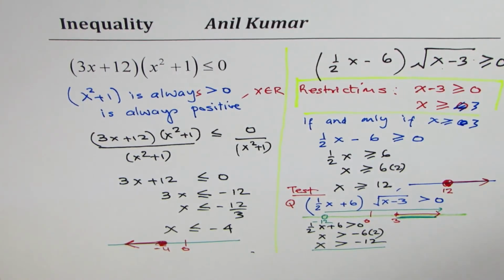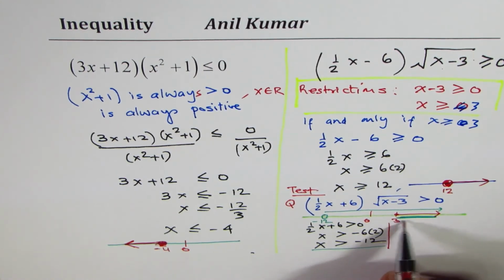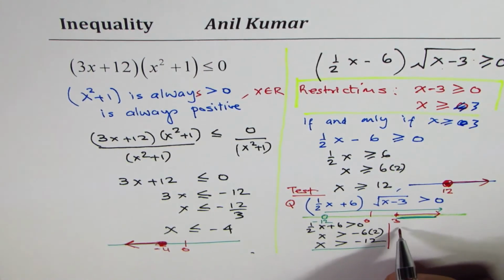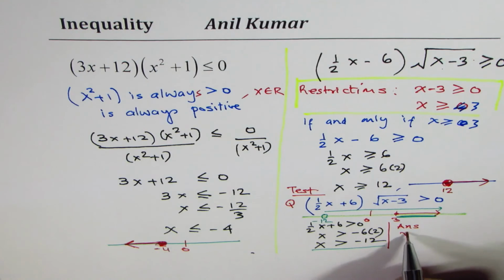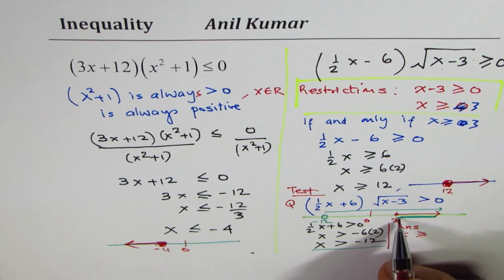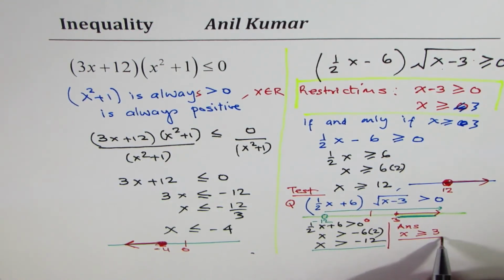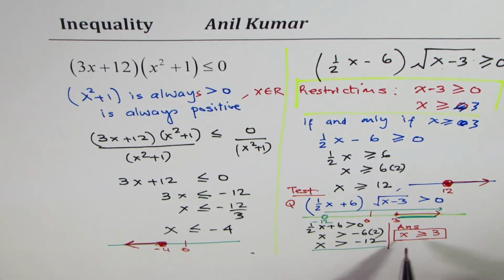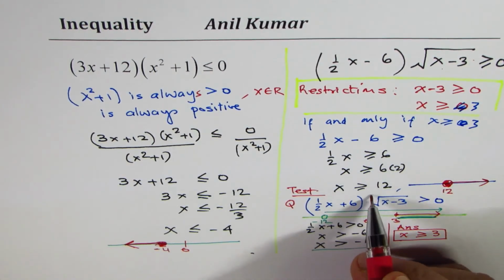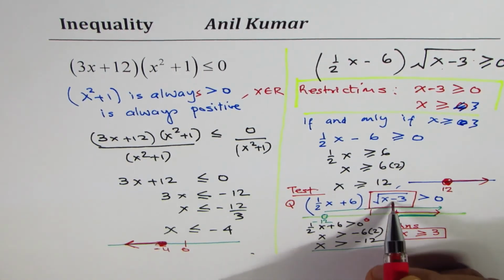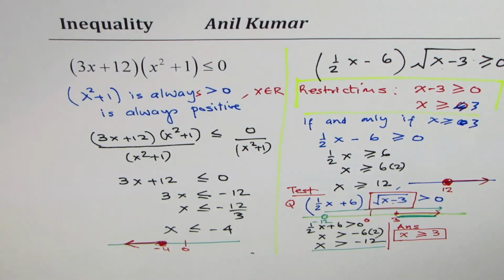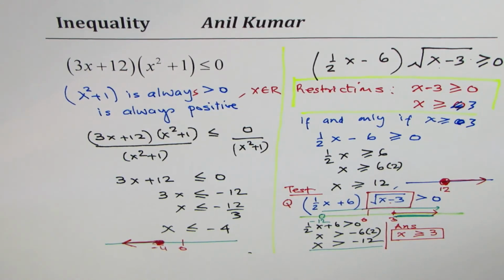Based on this, since we are working on a restricted domain, our answer will be x greater than or equal to 3. Do you understand that? That is going to be the answer, since this term is only valid for x greater than or equal to 3. So that is the concept which I wanted to bring up.